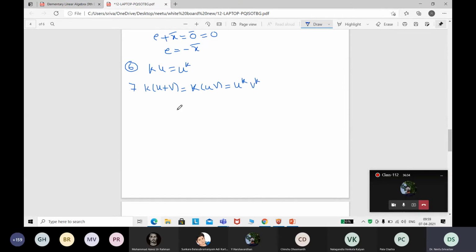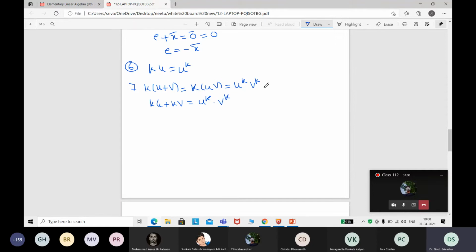Same for the RHS: k into u plus k into v, which is nothing but u raised to the power k into v raised to the power k.